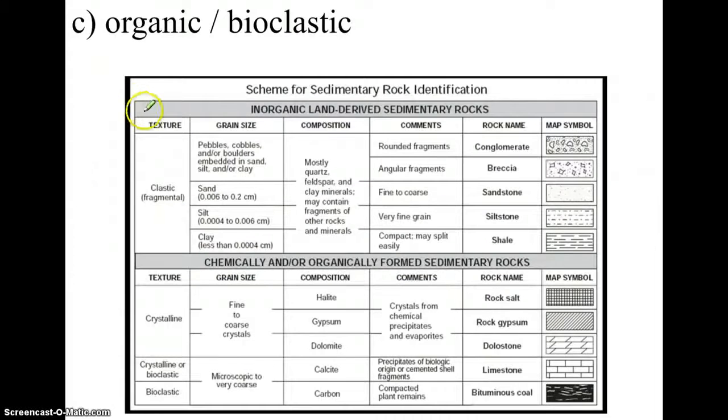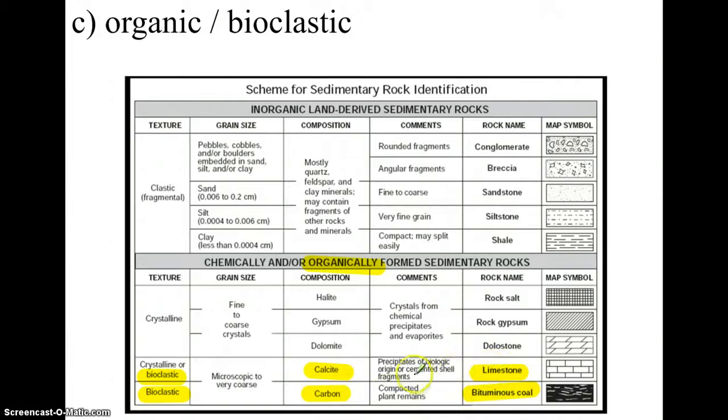Now the final type of sedimentary rock are the ones that are formed organically, which basically means from living things. And we describe their texture as being bioclastic. So bio means life, clastic means pieces, so pieces of life, pieces of living things. And the two rocks we have that form this way are limestone, which mainly has calcite in it, and bituminous coal, which is made of carbon.